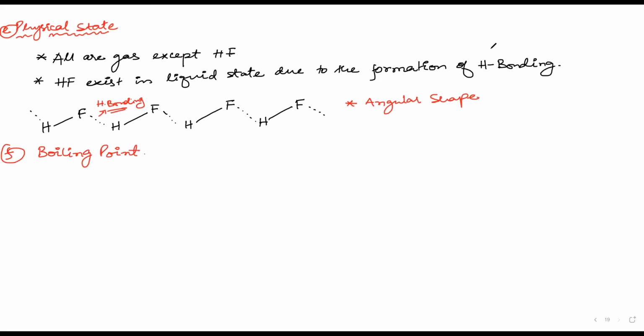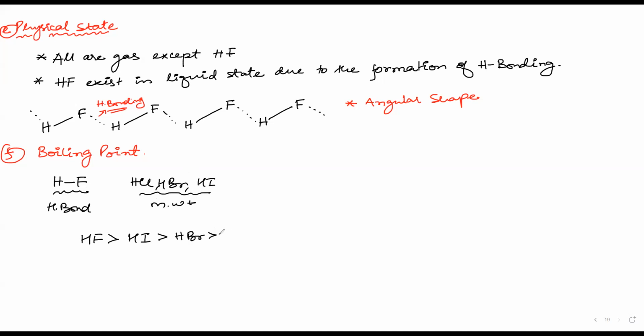In boiling point, we know that HF is liquid, so it will be forming hydrogen bonds, so we take it first. After that we have HCl, then HBr, then HI. These do not have H bonding, so we will just see the molecular weight. The first will obviously be HF, the highest, then HI because its molecular weight is high, then HBr, and after that HCl.